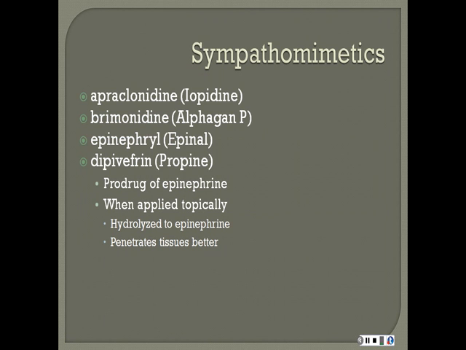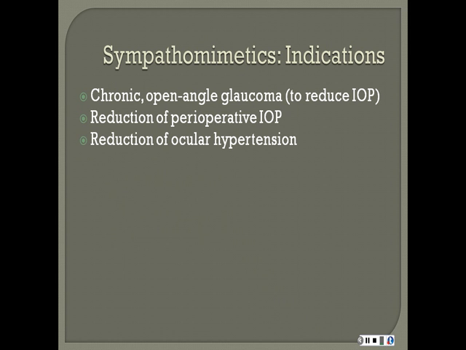So the sympathomimetics include the alpha receptor agonists Alphagan P and Iopidine, as well as the alpha and beta receptor agonists Epinal and Propine. These drugs are used to treat chronic open-angle glaucoma.